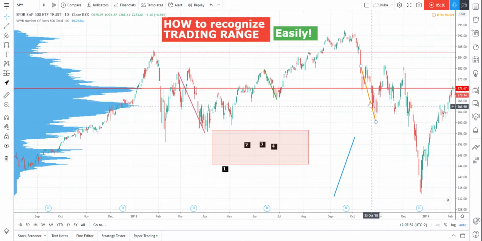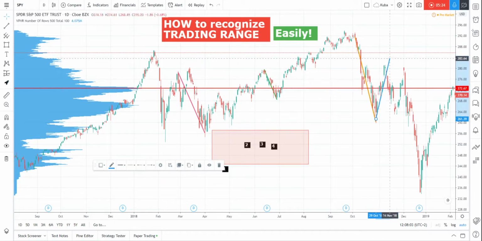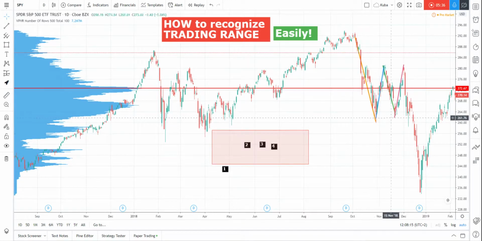Here I have a very nice short. This is the first pullback. Okay, 1, 2, then we have 3 here, and then we have number 4 here. And again, market will have a problem with this level, and it had a problem. Look at this pin bar.